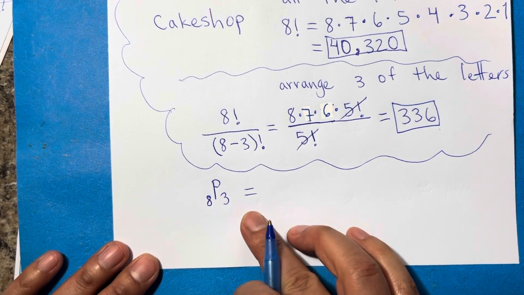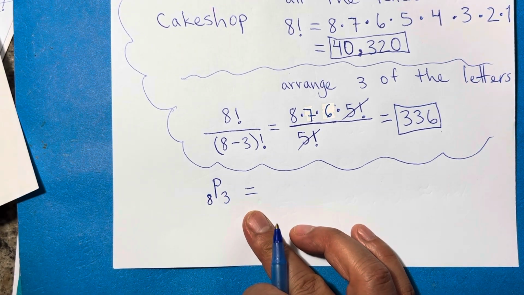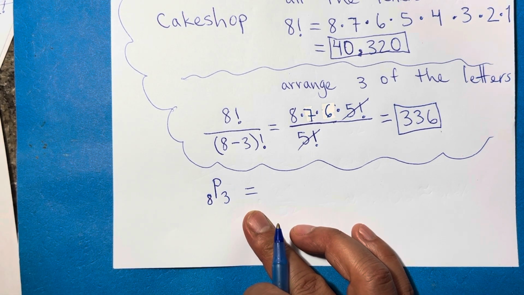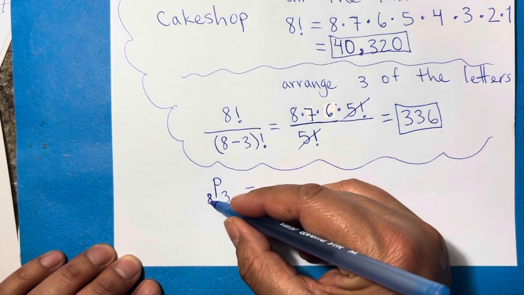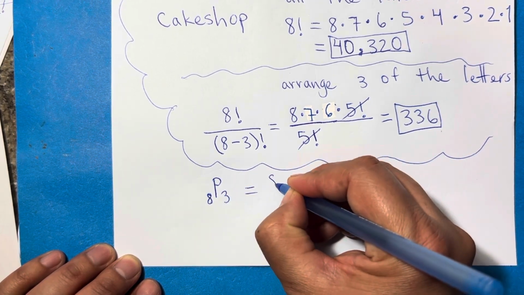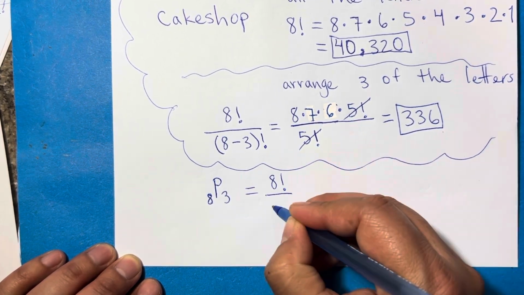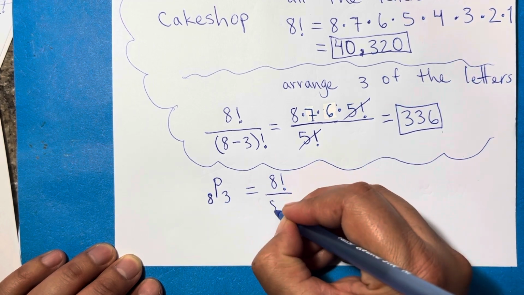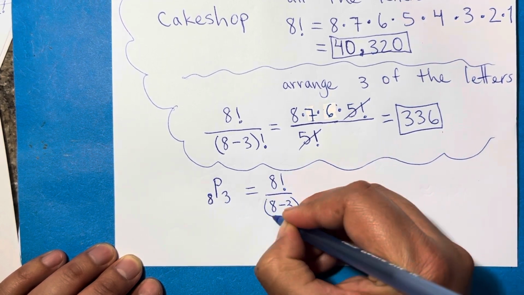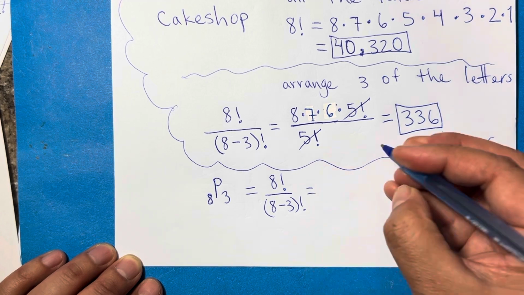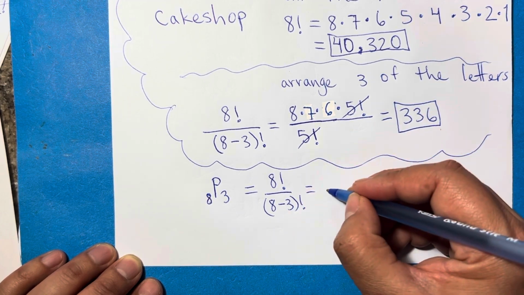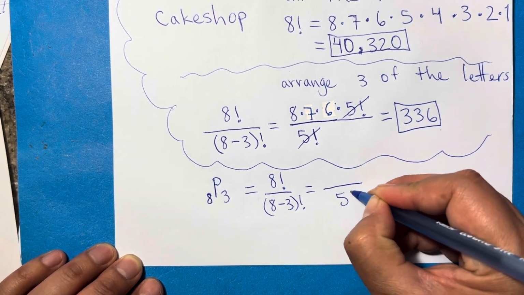So that's how it would look. And again, all it means is that this number goes on the top with the factorial. Then you subtract 8 minus 3 factorial, and 8 minus 3 is 5, so 5 factorial.